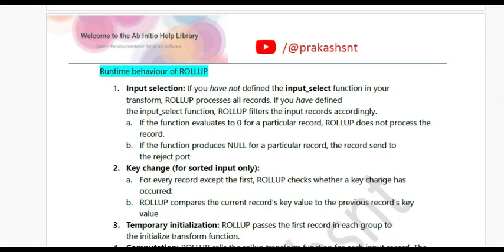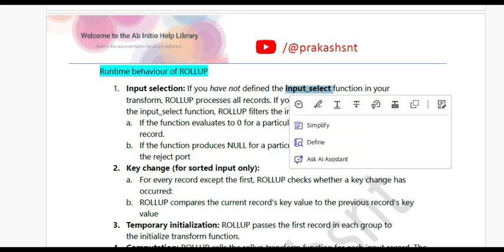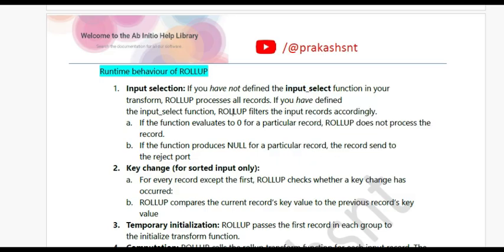Now we will discuss the runtime behavior of the Rollup component. In the Rollup component, first we read the record from the input port. After that, if we have specified input select, it will evaluate whether your expression is true, false or null.